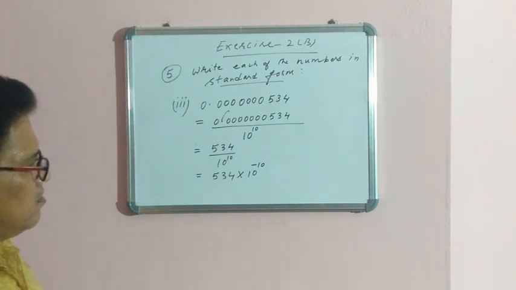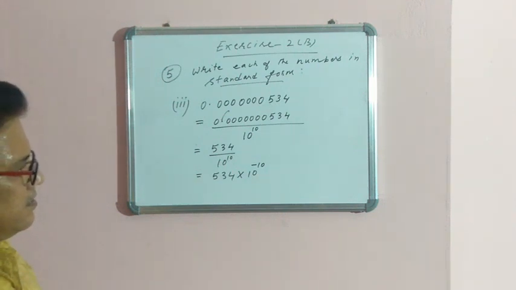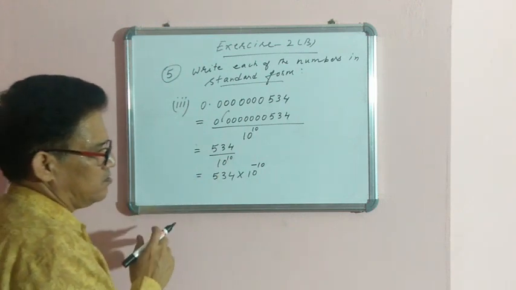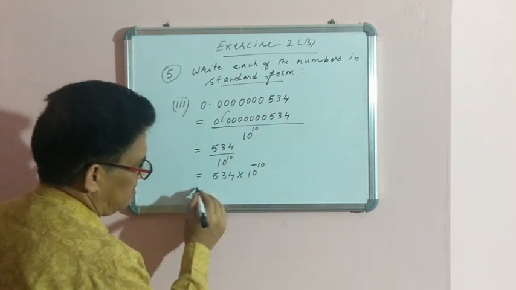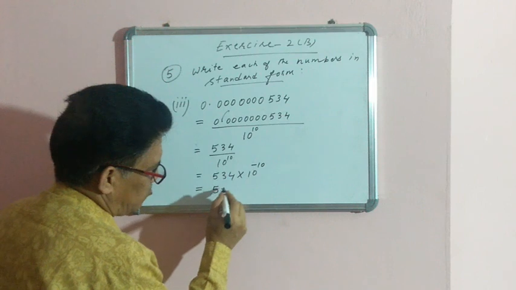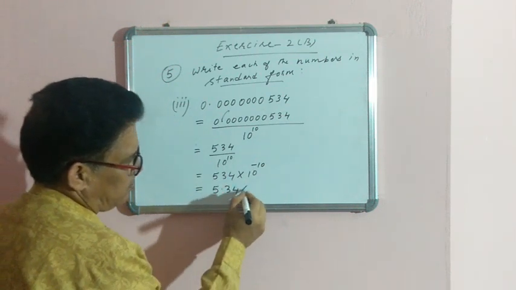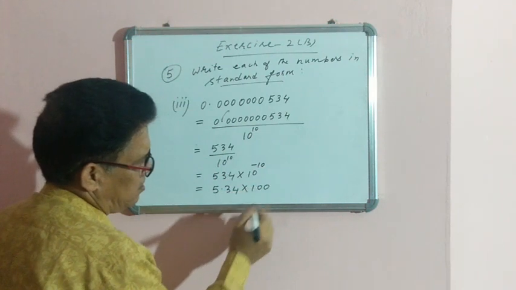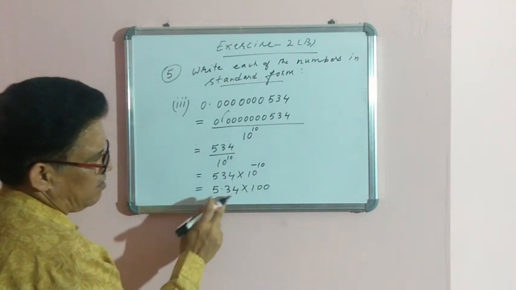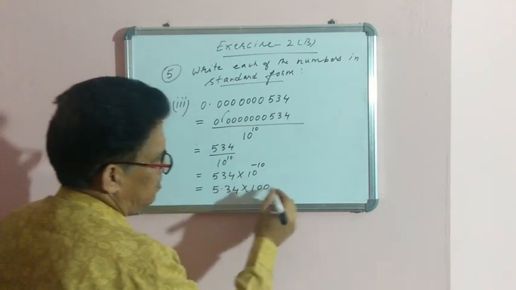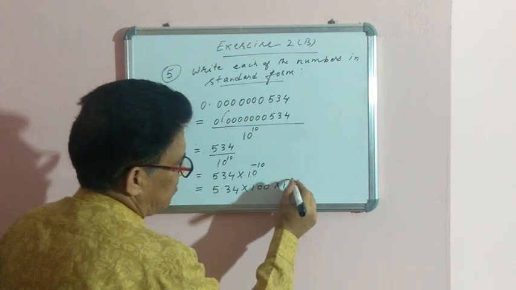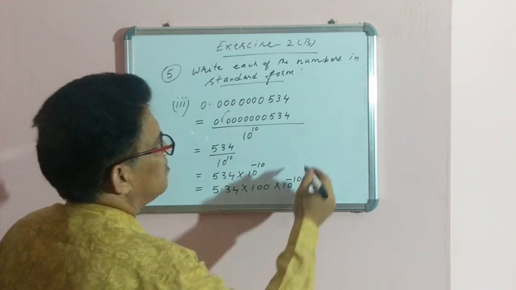It should be greater than or equal to 1 and less than 10, but this is greater than 10. So we will write this as 5.34 into 100. If you multiply, you will get again 534 into 10 power minus 10.